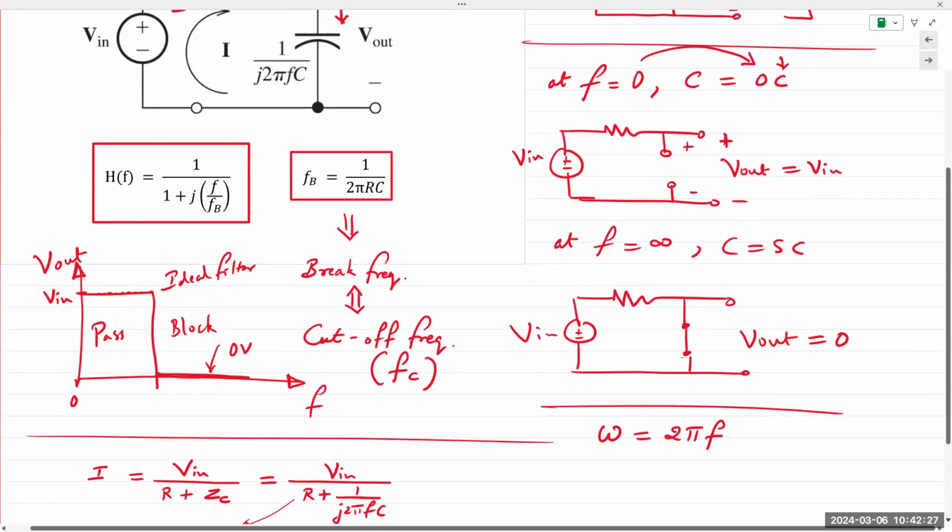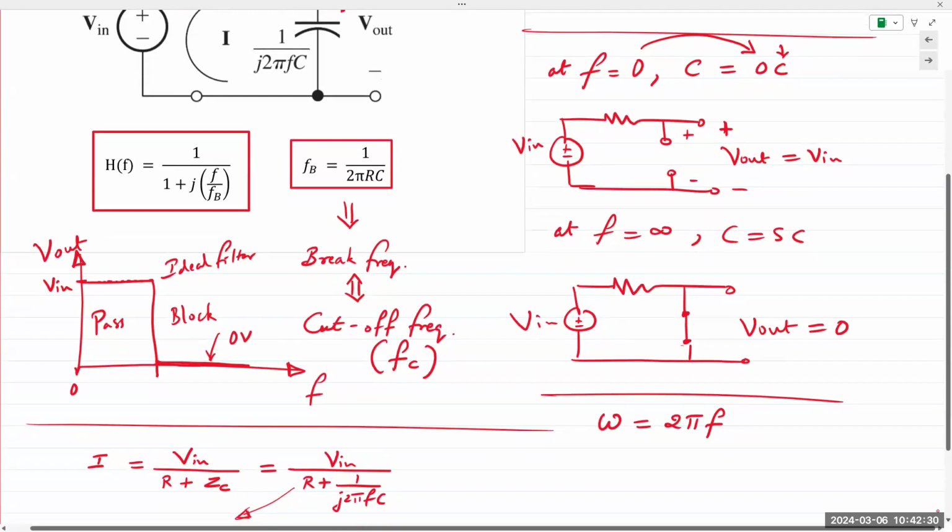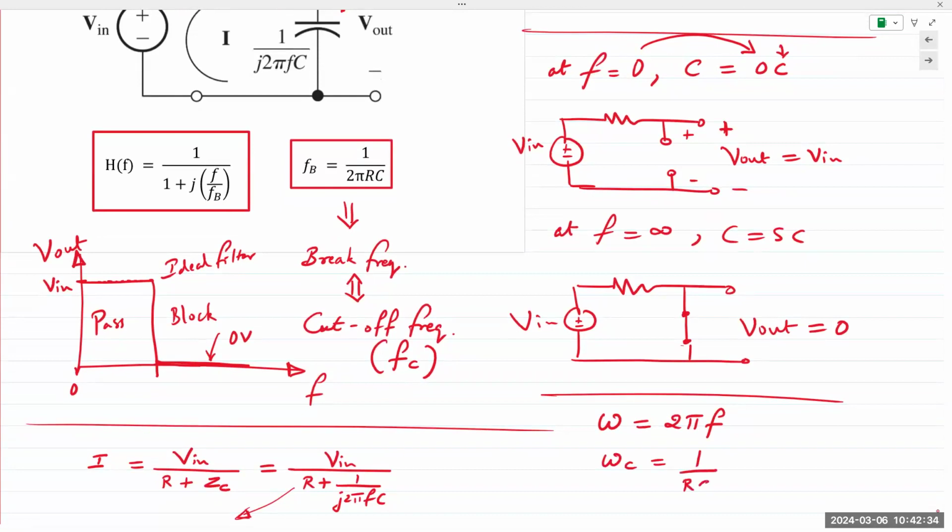So this fC could also be described as omega C, which would simply be 1 over RC. This also means f is omega divided by 2 pi. Okay, but we'll work with frequency f in this class. Everybody clear on that?